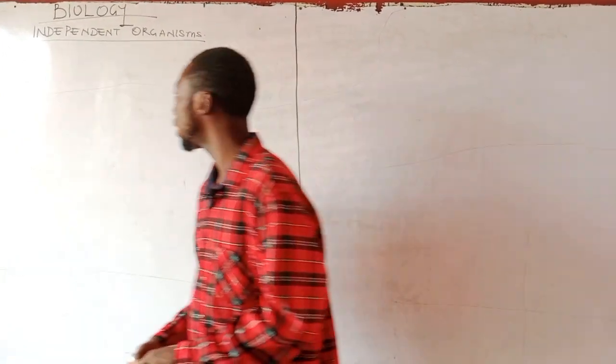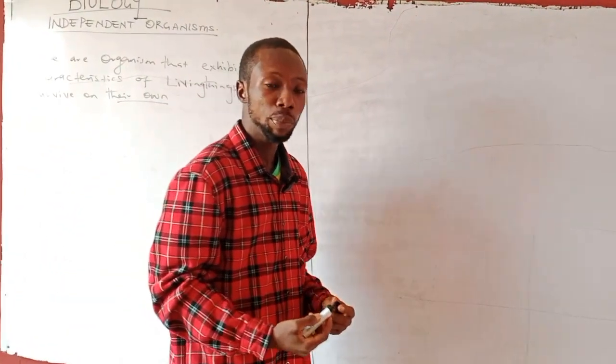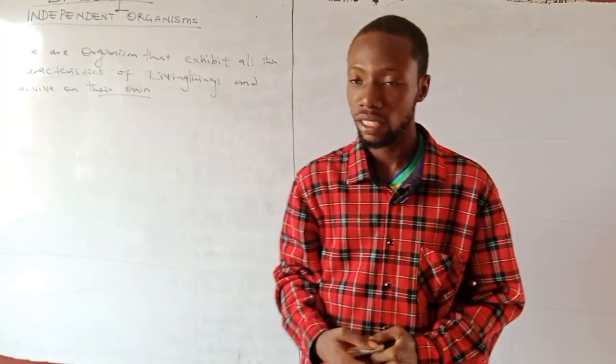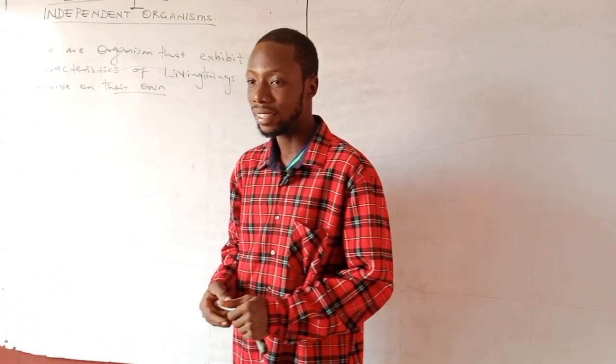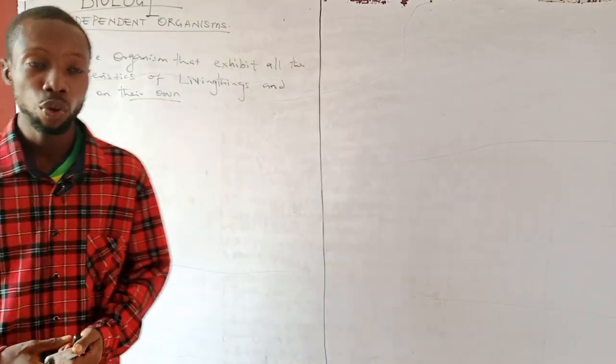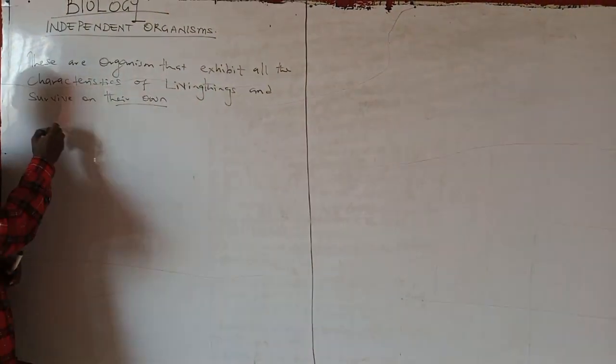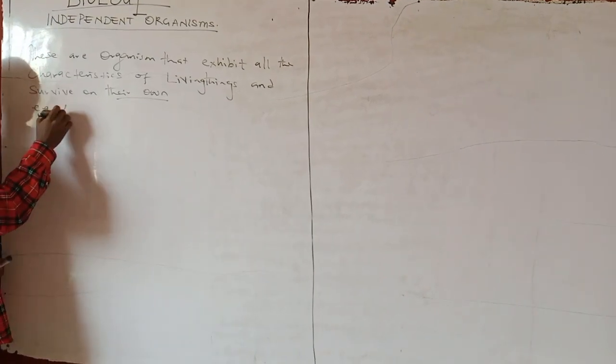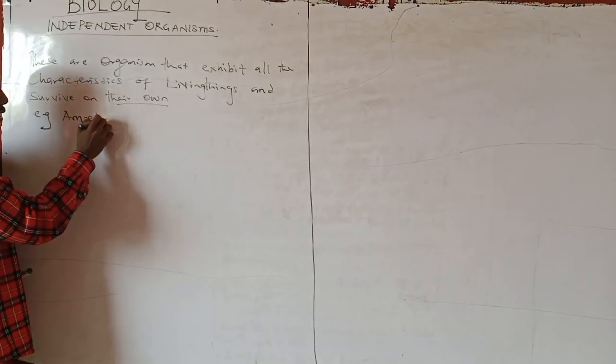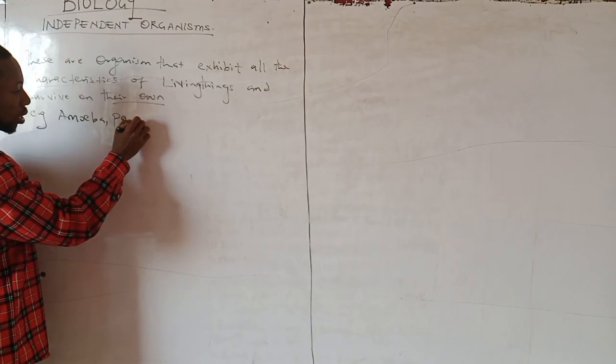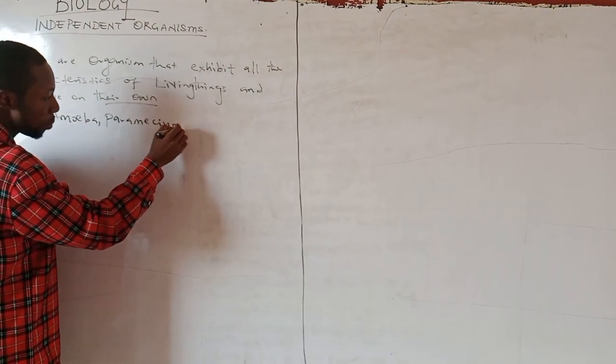That's why we regard them as organisms that exhibit all the characteristics of living things and survive on their own. Examples are Amoeba and Paramecium.